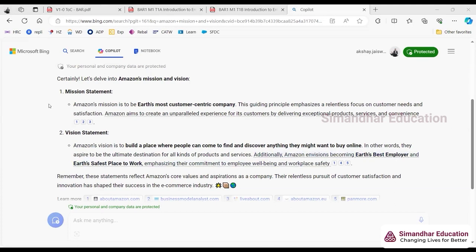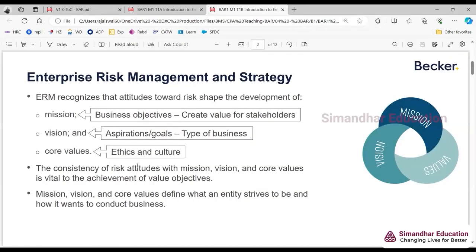It's very high level, at the extreme top level, the single focus of the company: to be the Earth's most customer centric company. That's it. And the vision statement will elaborate it a little bit further. And I gave you a live example of Copilot also.